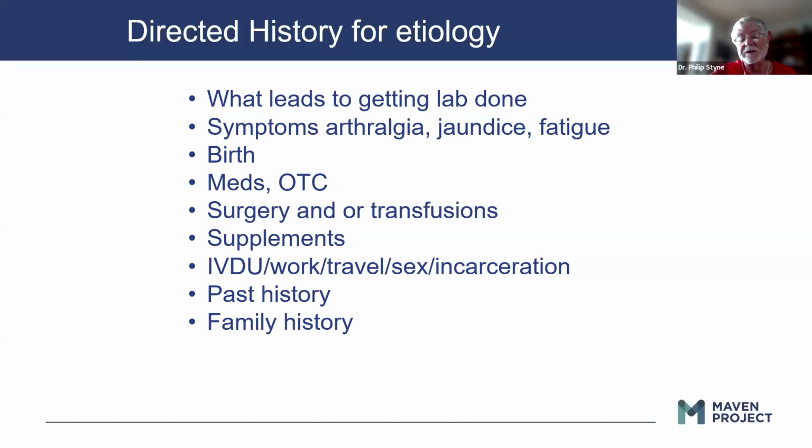Past history and family history, especially family liver history. For example, you're seeing somebody, you have some suspicion that they might have hemochromatosis, and you find out that dad died of cirrhosis and he drank a little bit, but not a lot. Okay, maybe he had hemochromatosis also. So family history can be helpful. Next slide.